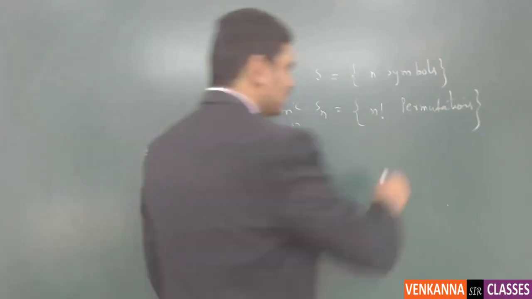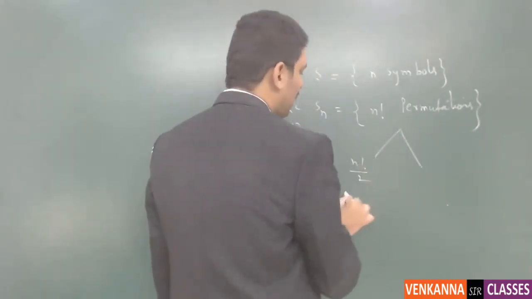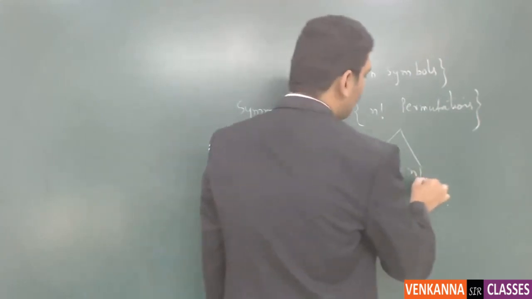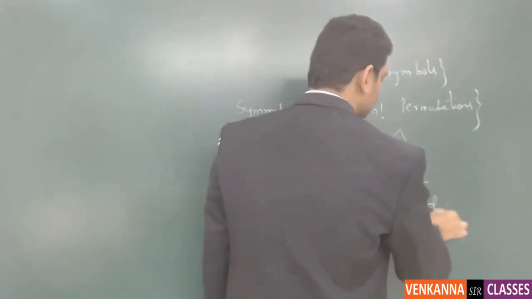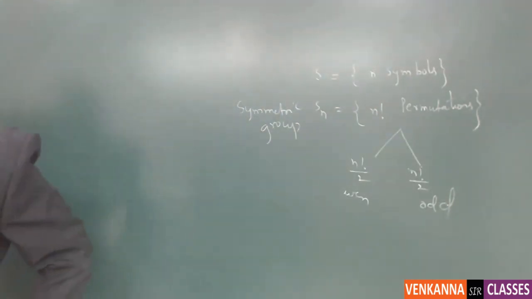There is a result that half of them are even and half are odd. So 1 by 2 n factorial are even permutations and 1 by 2 n factorial are odd permutations.